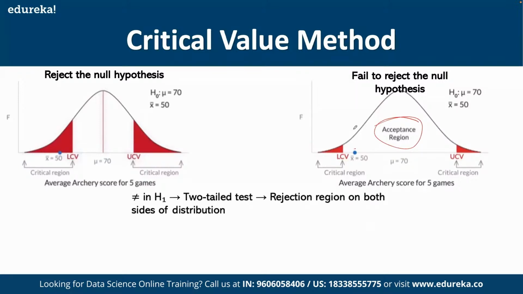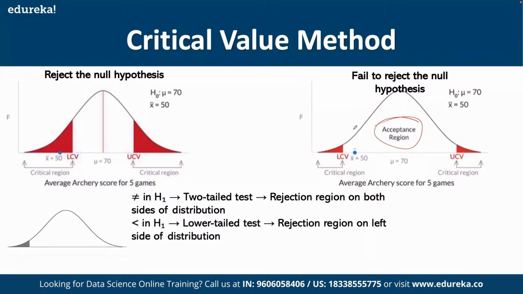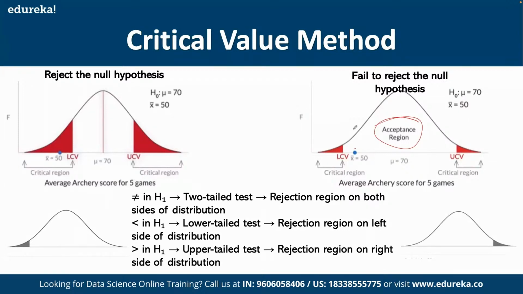If I've got any value which appears in that red region, that's a region where we would say that we reject the null hypothesis and we follow the alternate hypothesis. That's the overall idea in this scenario.